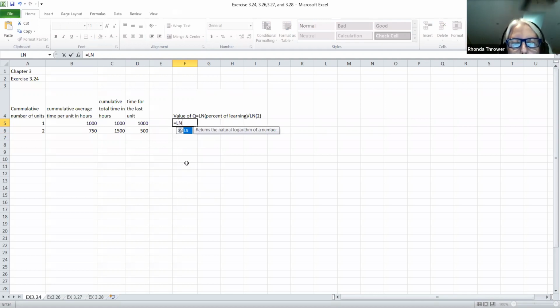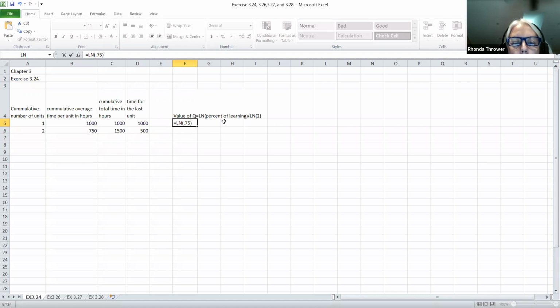I'm just going to type mine in, and there you see this is in parentheses. You need to put in the learning curve percentage. So I'm going to put a parenthesis here, and I'm going to put in 0.75 because it was a 75% learning curve. I'm going to enclose that in parentheses.